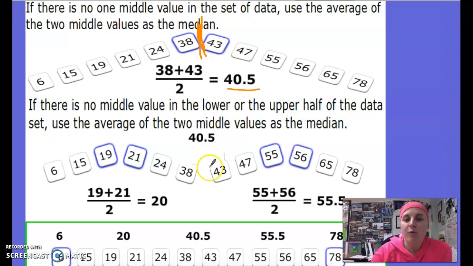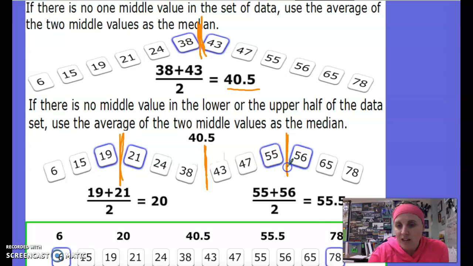Same thing for the quartiles. So now I have 6 on either side of the median. So where do I find my quartiles? Well, again, I'm going to add the 2 middle ones together and get Q1 to be 20 and Q3 to be 55.5.